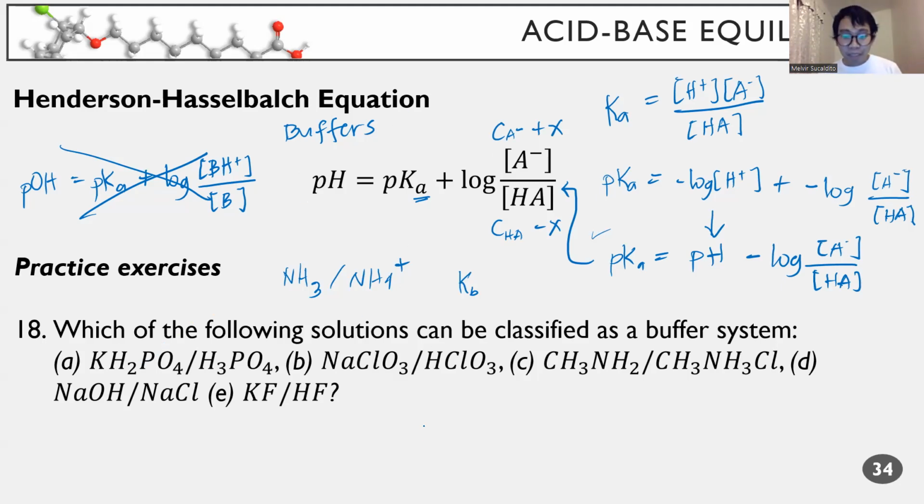Now, this is the Henderson-Hasselbalch equation. pH is equal to pKa plus logarithm of A minus over HA. Now, imagine you have a buffer in which the concentration of the weak acid and its conjugate base are equal. If it's equal, the ratio here would just be equal to 1, right?